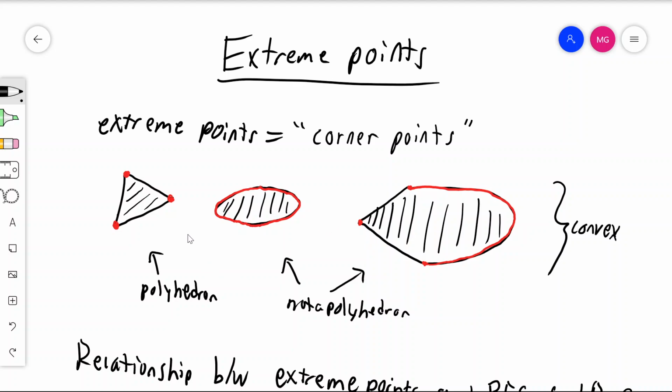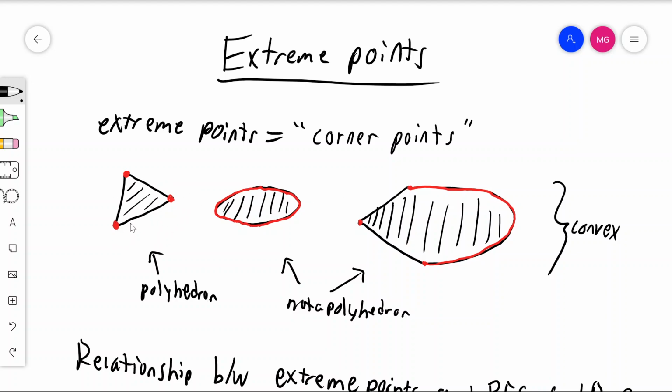Okay, so that's the idea of what it's supposed to be, but formally, an extreme point is a point that cannot be realized as being on the interior of any line segment inside this convex set. So take any of these convex sets.